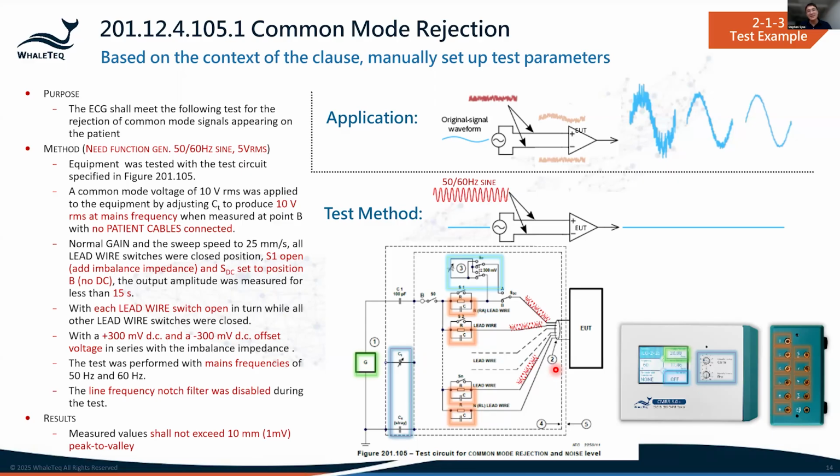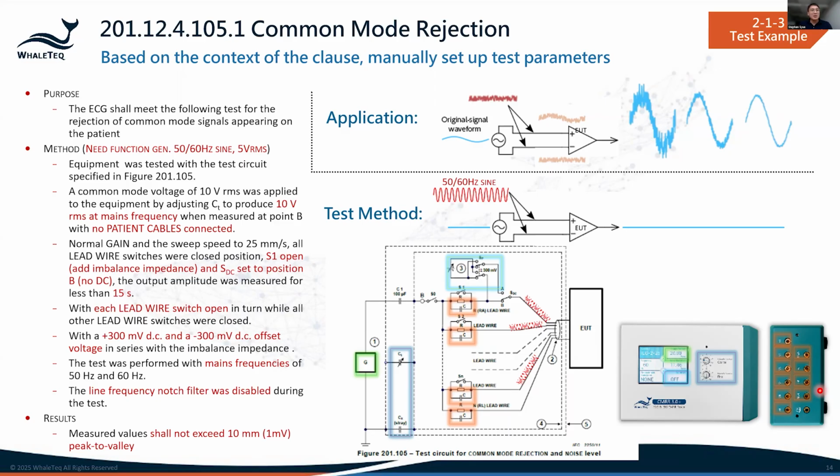Later, in the imbalance condition, closing switch 1 adds 51K ohm on one electrode of a lead, and we still ask for the same rejection ratio of the mains power noise. Again, minus 89 dB.